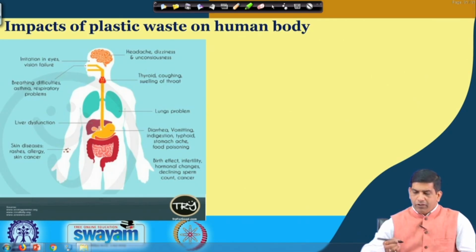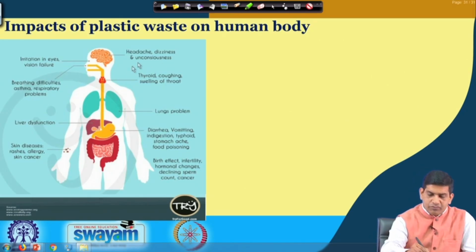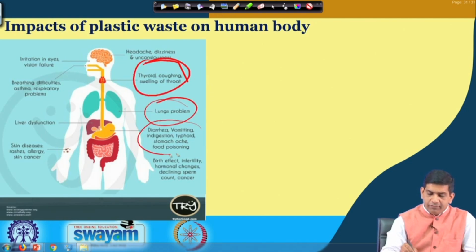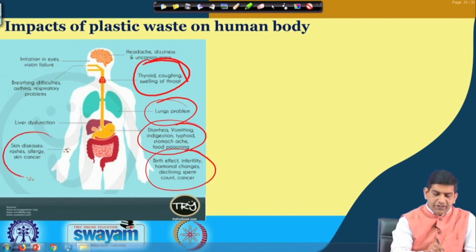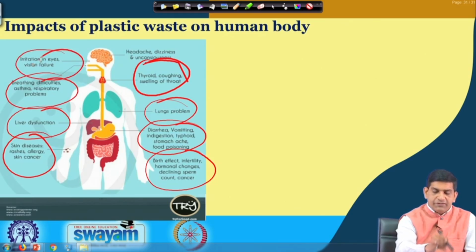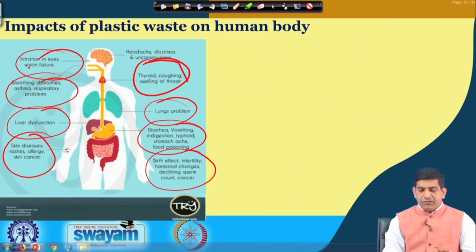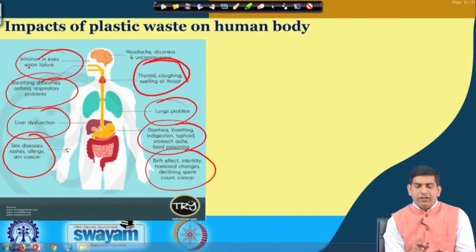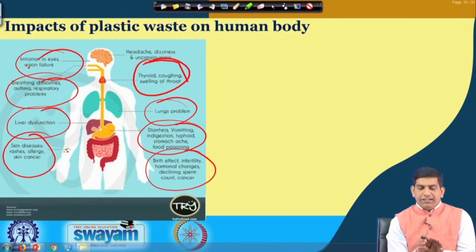It can impact the thyroid, swelling, lung problems, diarrhea, vomiting, birth defects, infertility, hormone changes, skin disease, liver dysfunction, breathing difficulties, irritation in the eyes, and vision failure. So, as you can see, it has a variety of impacts on different body systems, but again it will happen when we have mismanagement of plastic waste.